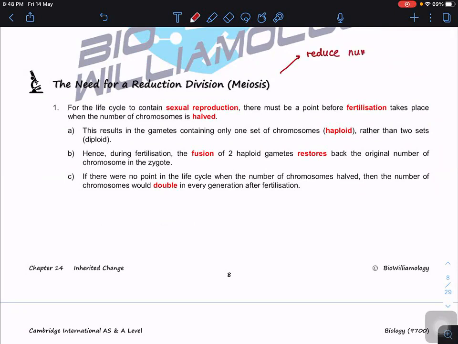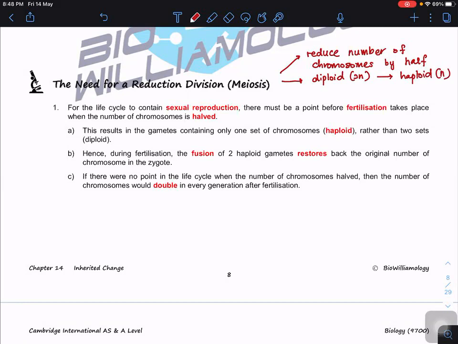Reduce the number of chromosomes by half, so that we are able to make the diploid cell, 2N, become haploid, N. This is the first point.